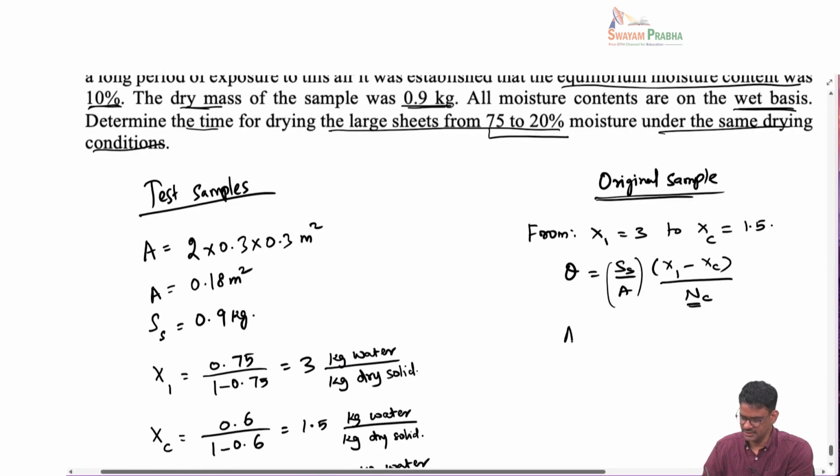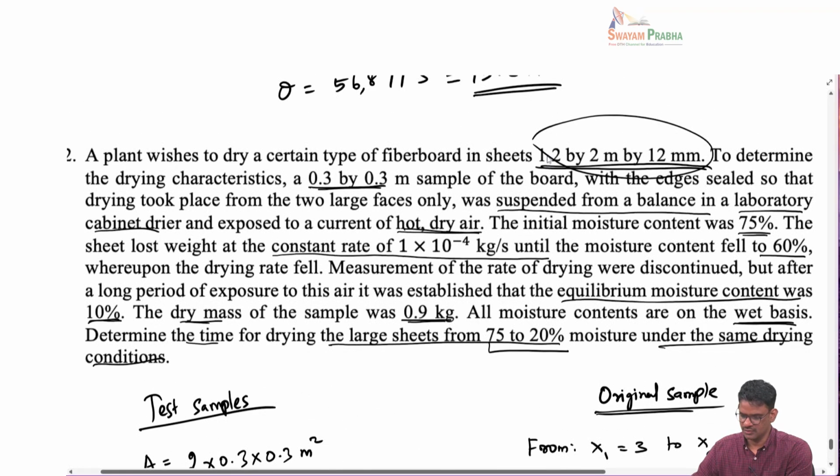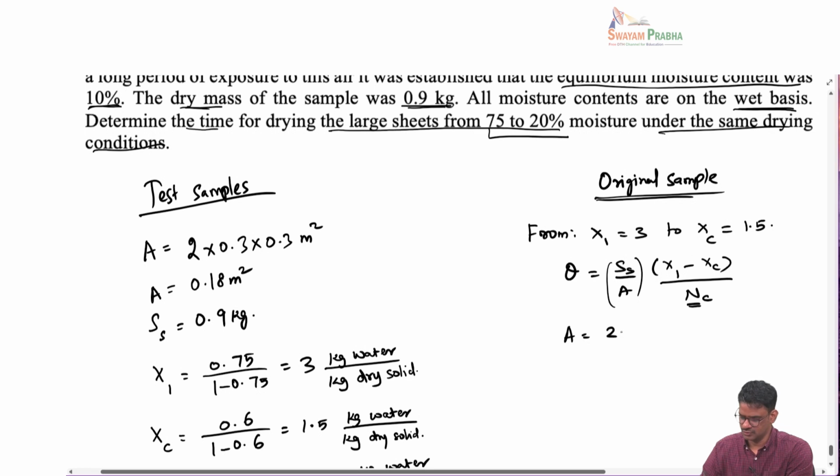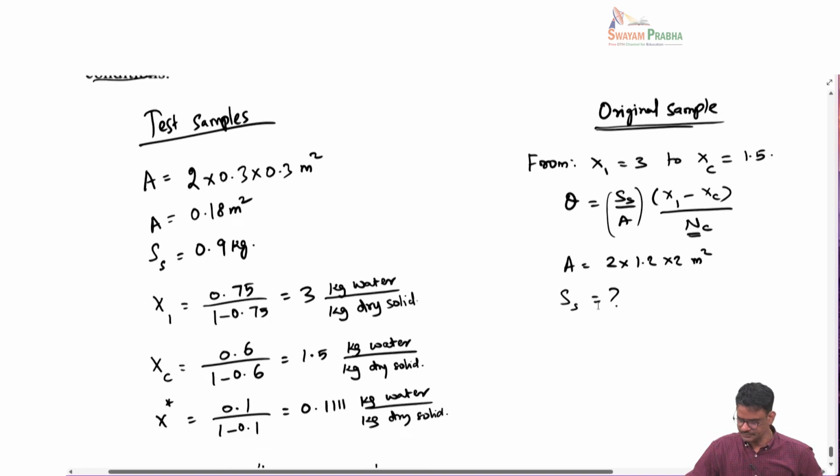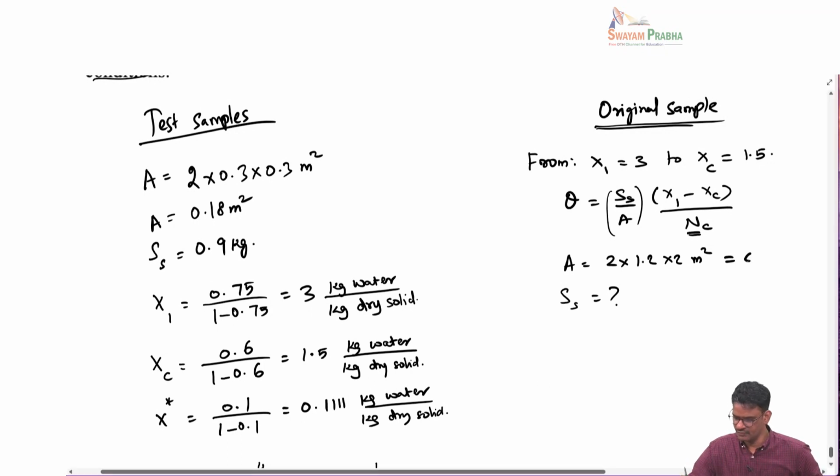The area is 2 times 1.2 times 2 meter square, which is 4.8 meter square. But what about the total mass? In the test sample we know the area and the dry mass, so from here we can find the specific area, so many meter square per kilogram, and use the same for the original sample.